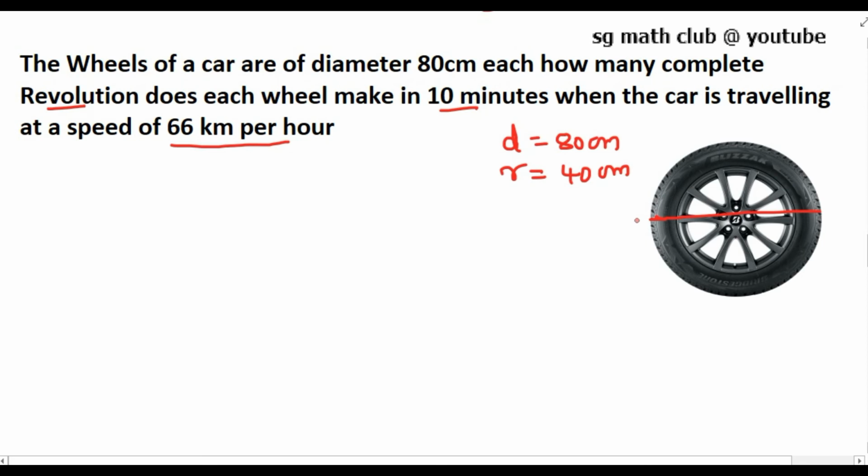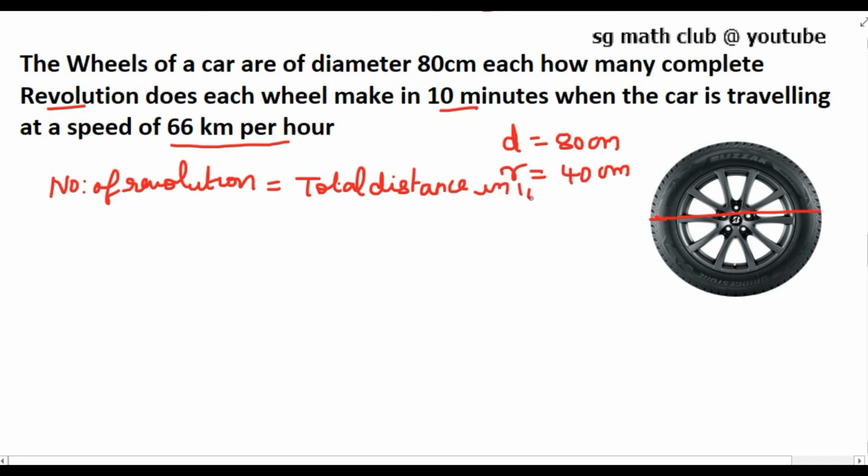Like that, how many complete revolutions does each wheel make in 10 minutes when the car is traveling? Speed is also given. So the formula is: number of revolutions is equal to the total distance covered in 10 minutes divided by the circumference of the wheel.